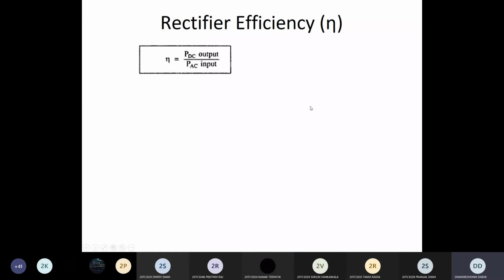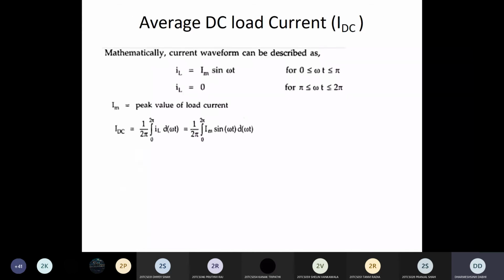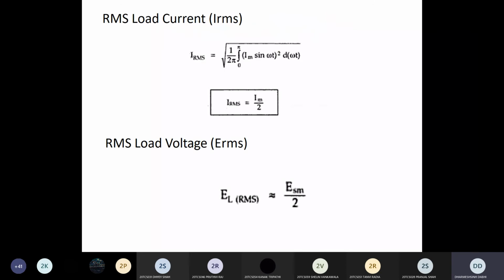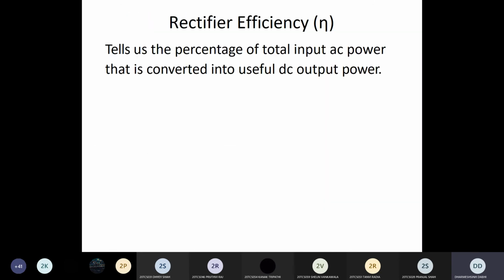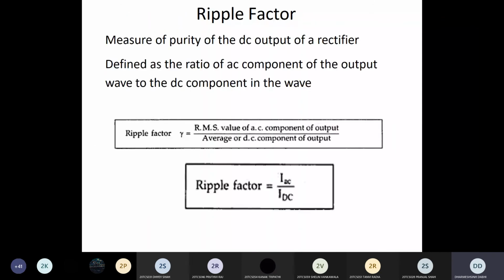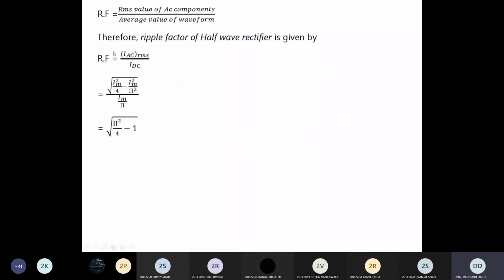If you see the equation in the half wave rectifier, the ripple factor is the RMS value of the AC component to the average value of the waveform. So RMS value of output AC current is your total RMS current minus your average DC component.